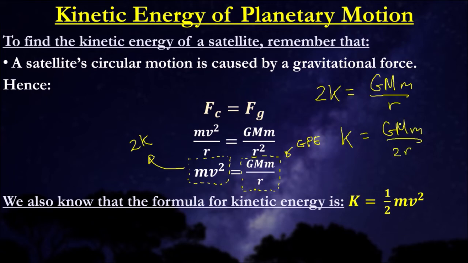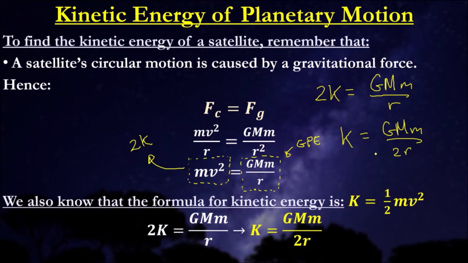This is the equation for the kinetic energy of a planet or satellite orbiting around another object. Okay, so that's what we have here.